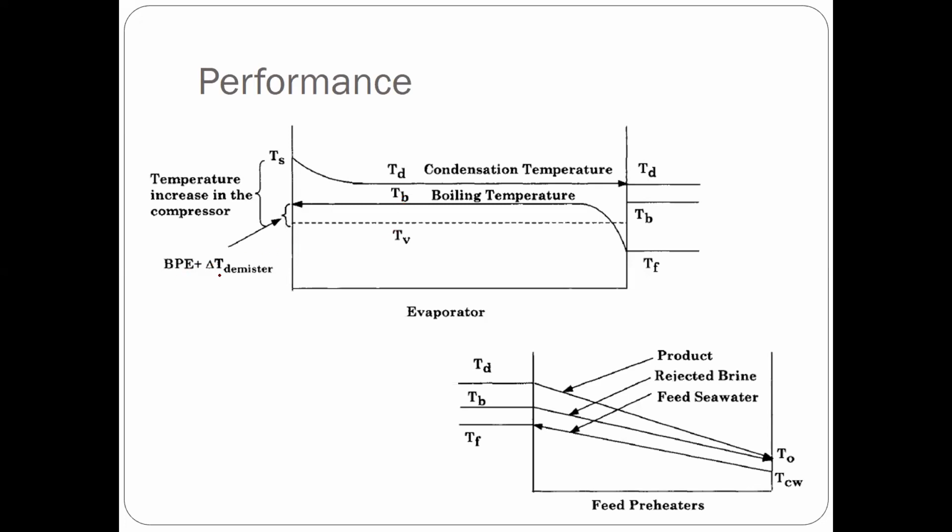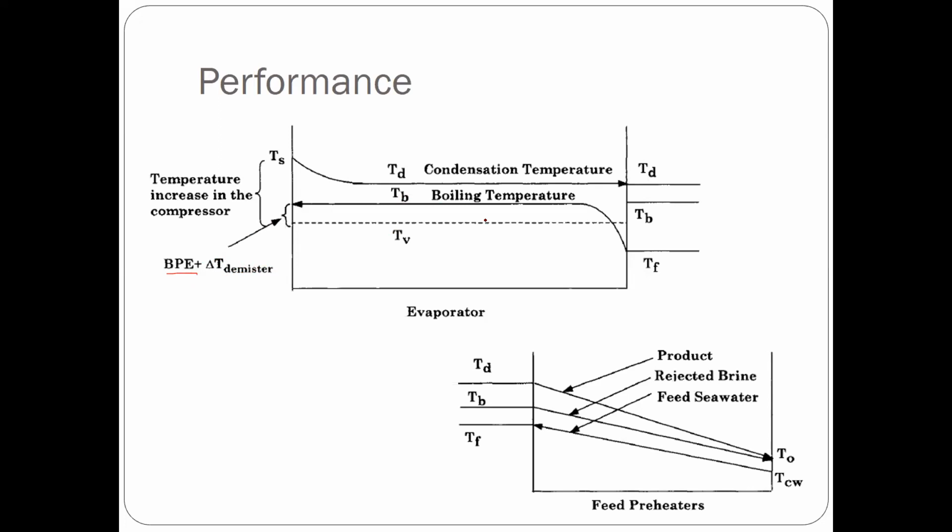The vapor has to pass by the demister, so there is a reduction in pressure, which is associated with another reduction in temperature. We may, in our analysis for simplicity, neglect the delta T demister as we did in the previous systems, and only consider the boiling point elevation as a difference.